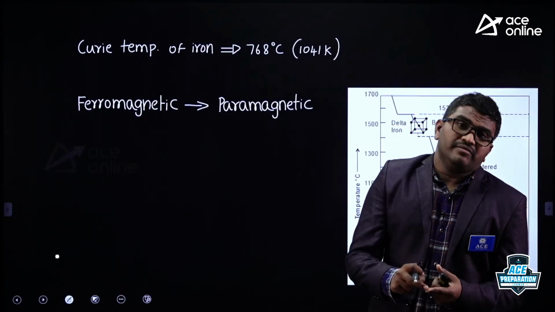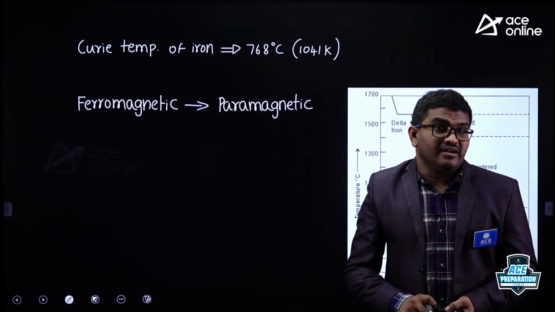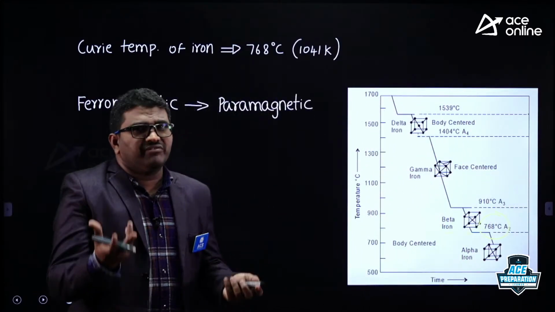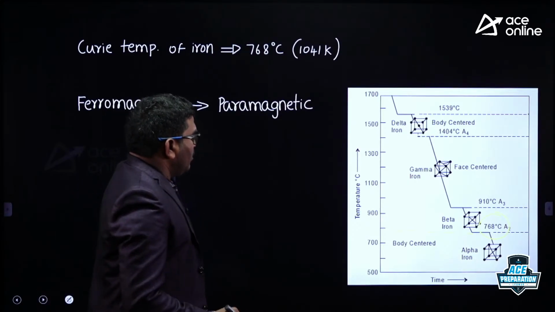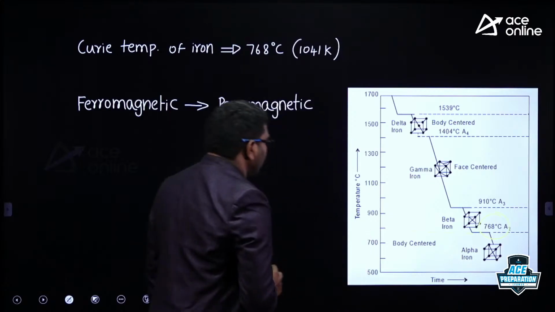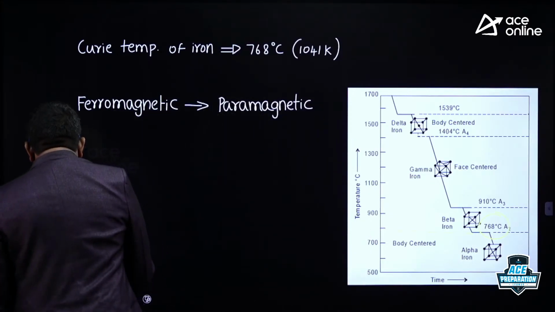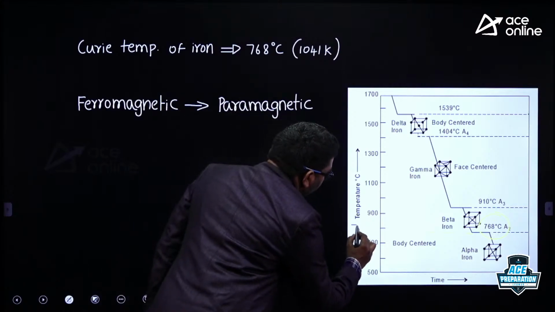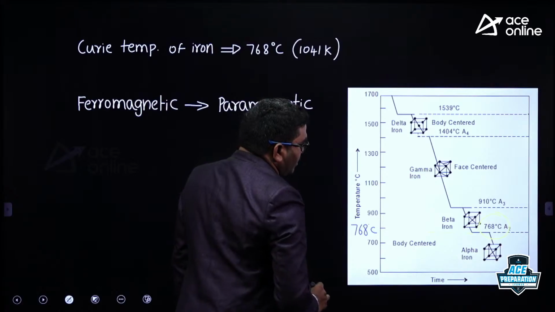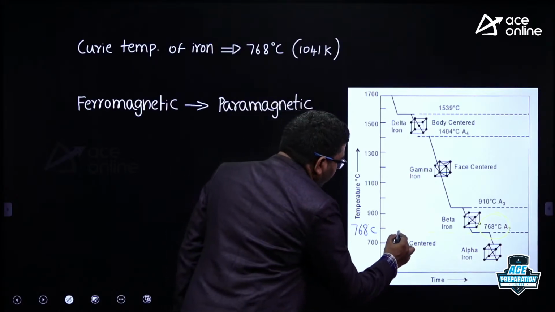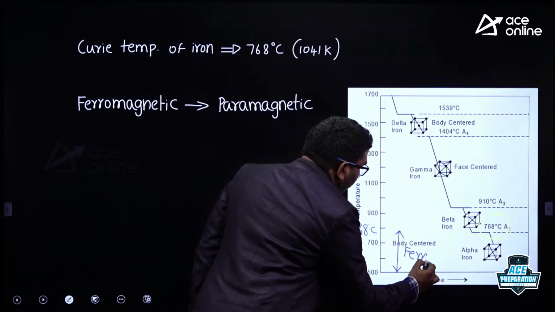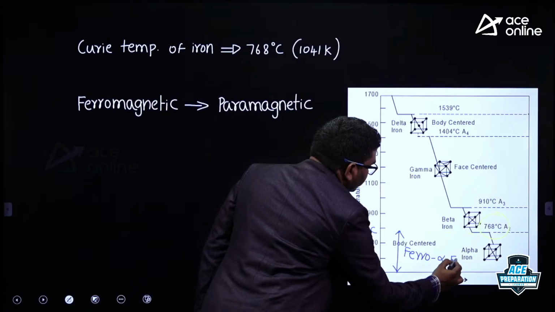There is alpha iron, gamma iron, delta iron, but you may get a doubt: sir, where is beta iron? Listen, it's very simple. From room temperature to 768 degrees Celsius, the alpha iron is a ferromagnetic alpha iron.